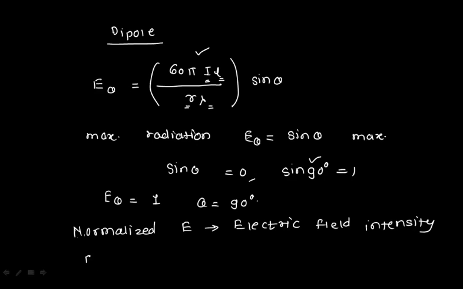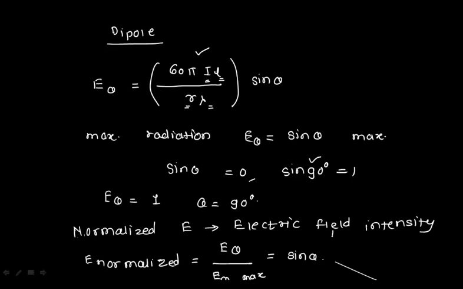You divide E theta by E theta max, and the maximum value here is 1. So the normalized E theta is equal to sine of theta, which I just told you. Consider this as the result.